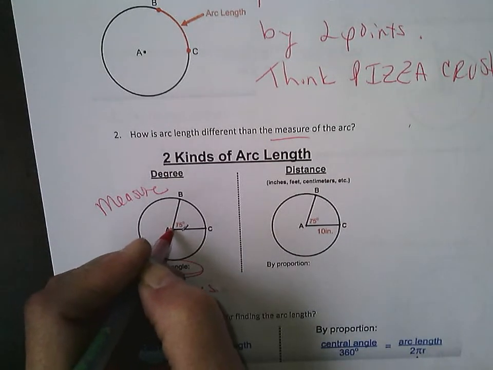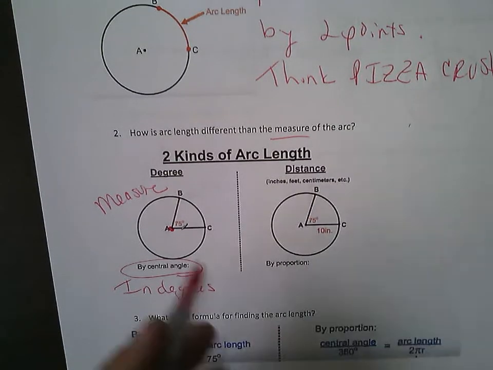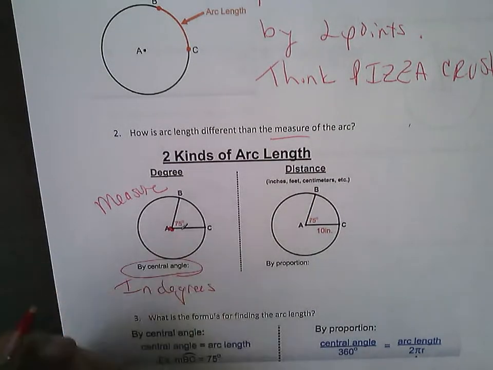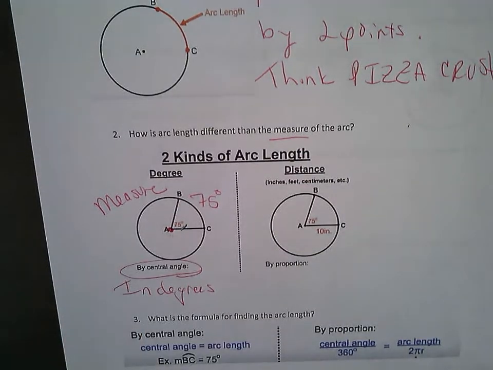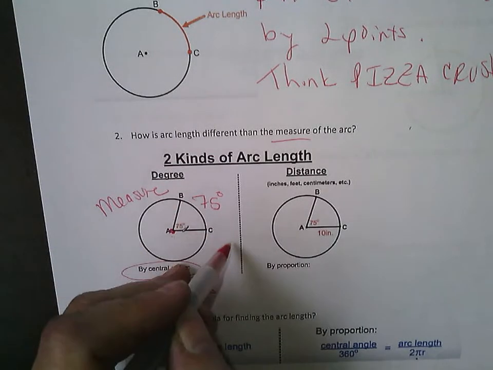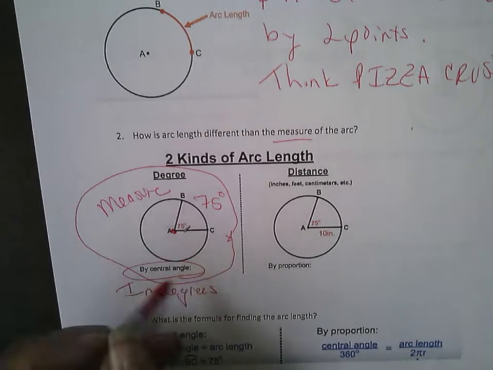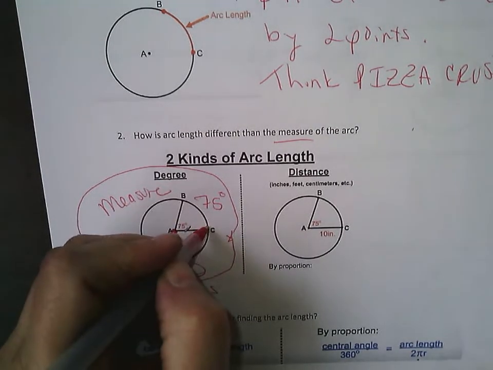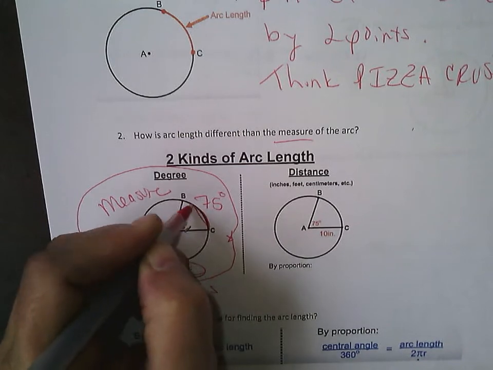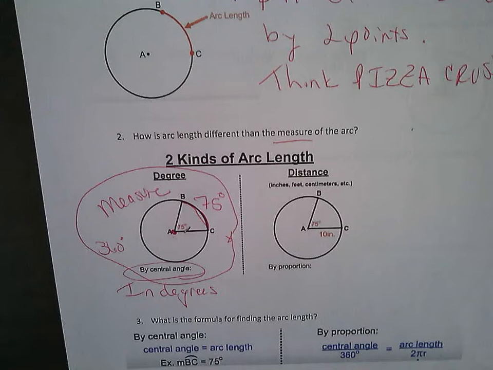If this is the central angle, then the vertex is in the center and the measure is exactly the same. So this is 75 degrees, which means that if we were to go around our circle, starting here and going all the way around, we would travel 360 degrees. We're talking about traveling only 75 degrees of that whole way around.